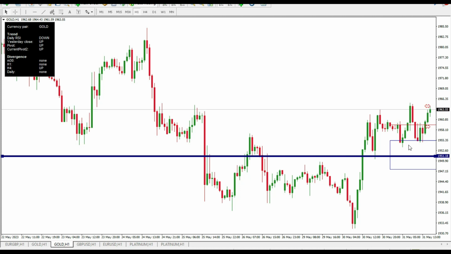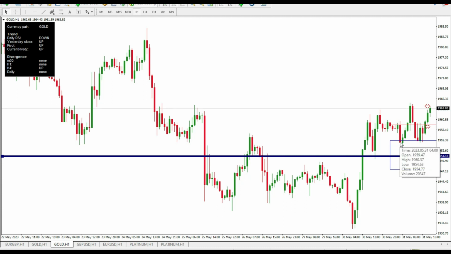Because of that, when we use the rectangle, we have the wider area for the pivot point, for the pivot point area.